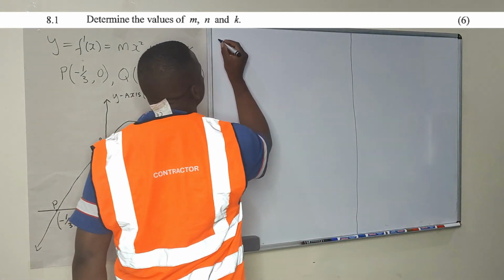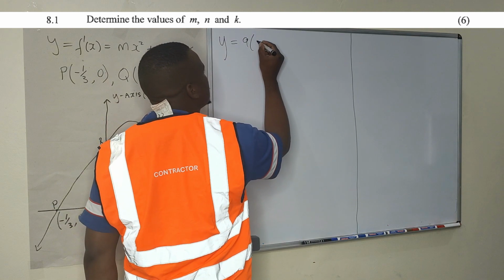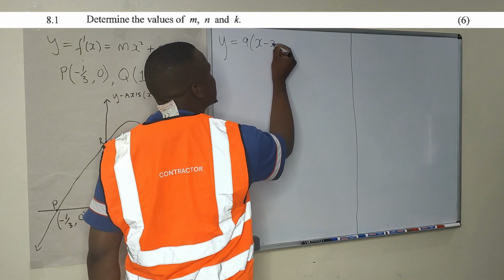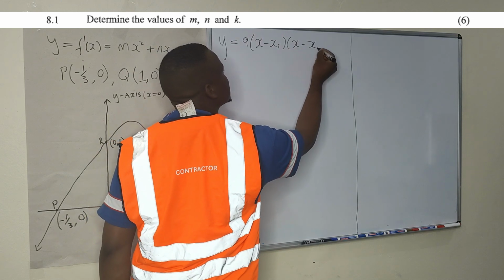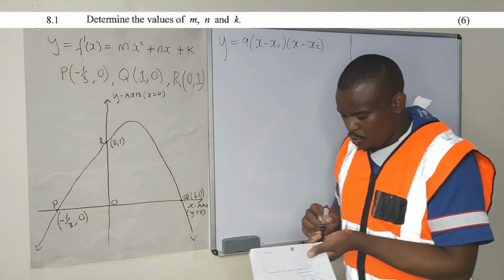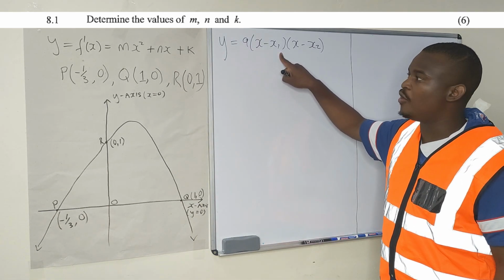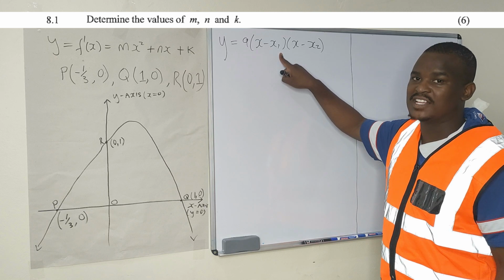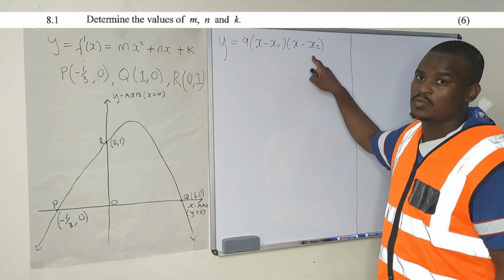So you say, okay, y is equal to a times (x minus x-intercept 1) times (x minus x-intercept 2). You use this formula to find the equation of a parabola when you're given the intercepts. This is the first x-intercept and this is the second one.